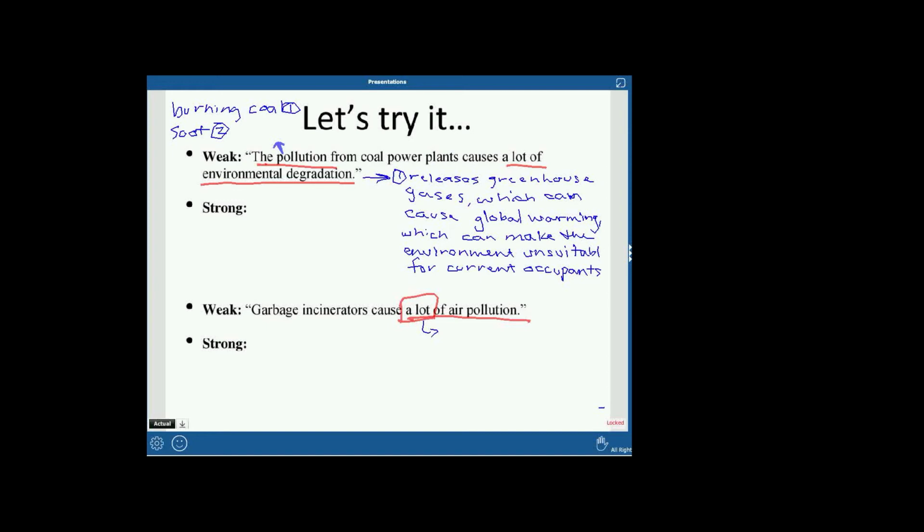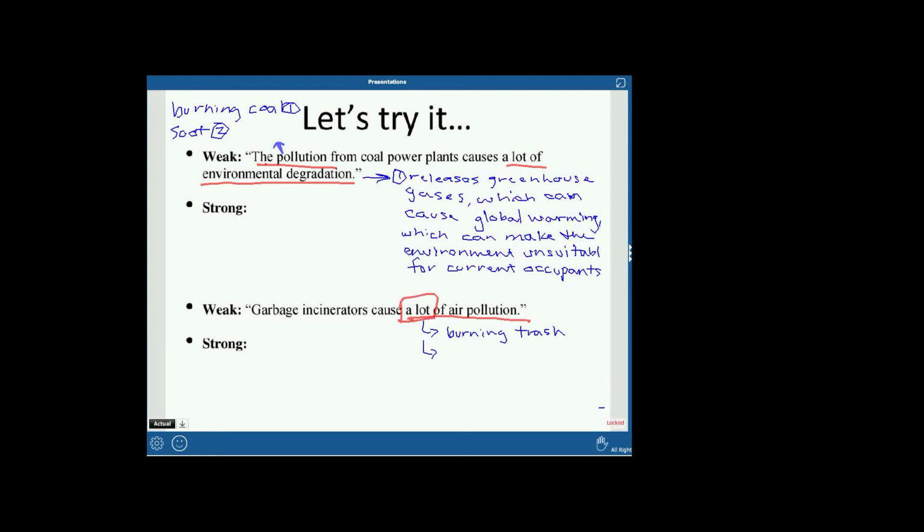Okay, so then we can talk about burning trash. So it's not necessarily going to release greenhouse gases, but it's going to release air pollutants from burning trash, right?